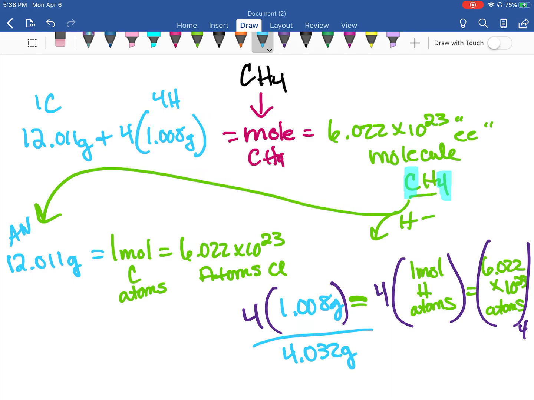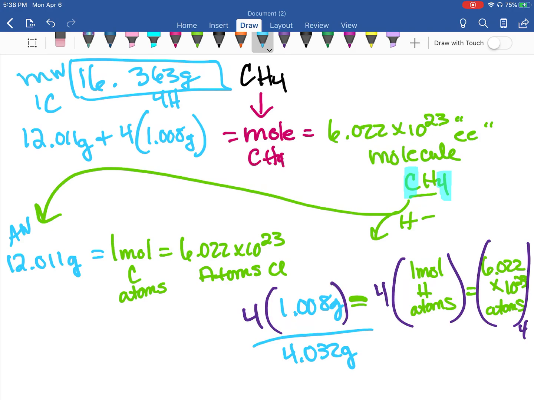Grab your calculator, let's do it. Okay, that equals 16.363 grams. That is our molecular weight.